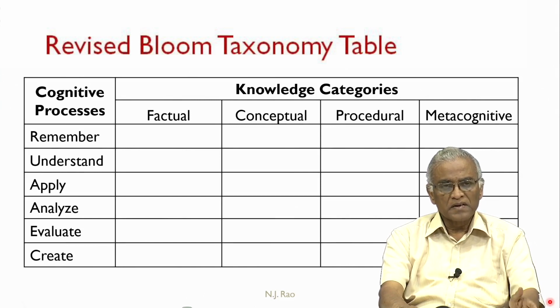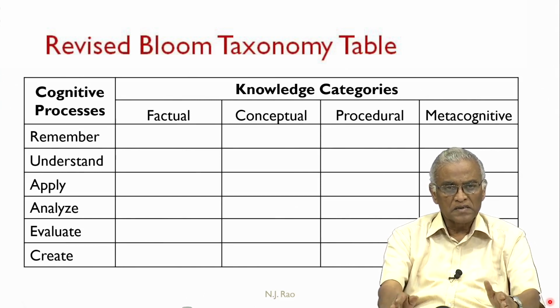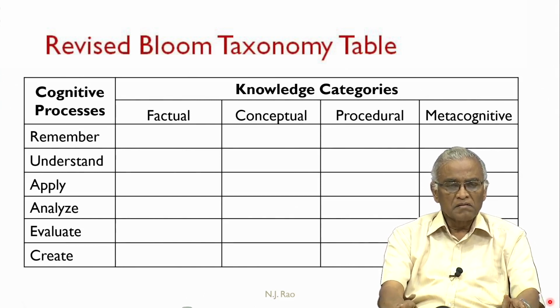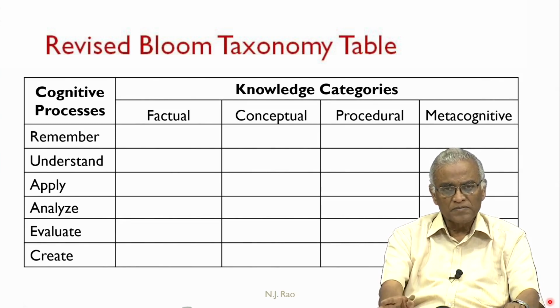The taxonomy table as presented in the book by Anderson, Krathwohl and others interchanges the rows and columns. That means the cognitive processes are presented as columns and knowledge categories are presented as rows.